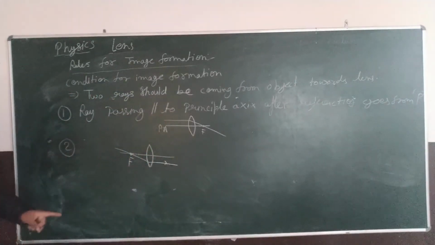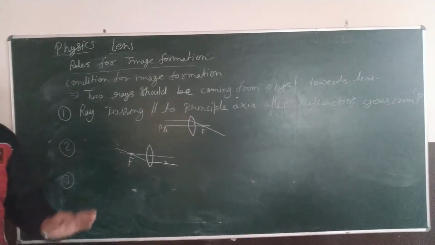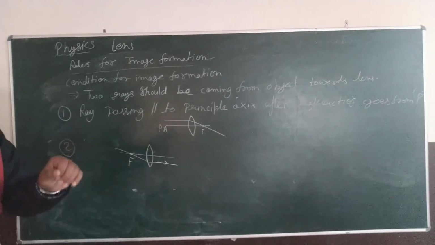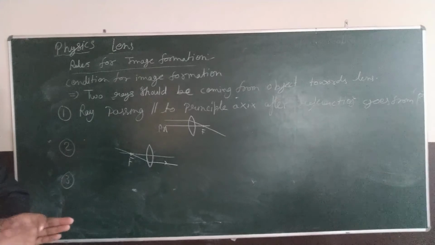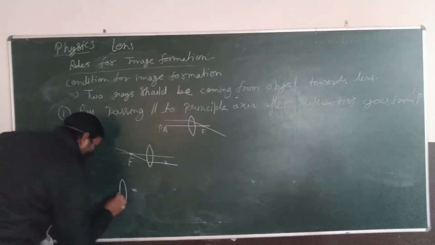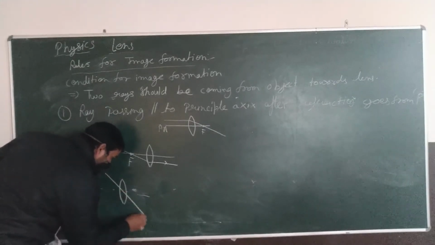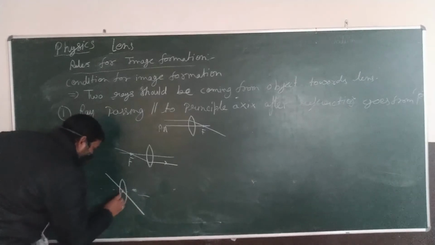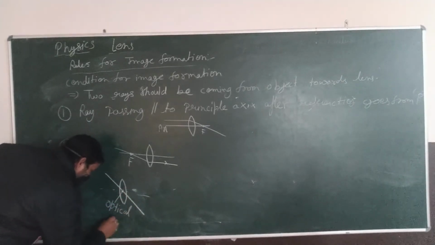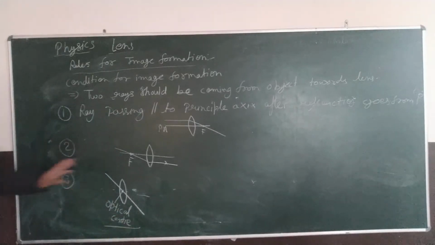This is the second rule. And the third rule is that a ray which is passing through the optical center of the lens will not deviate, or it will move in the same path after refraction. This point is called the optical center of the lens.